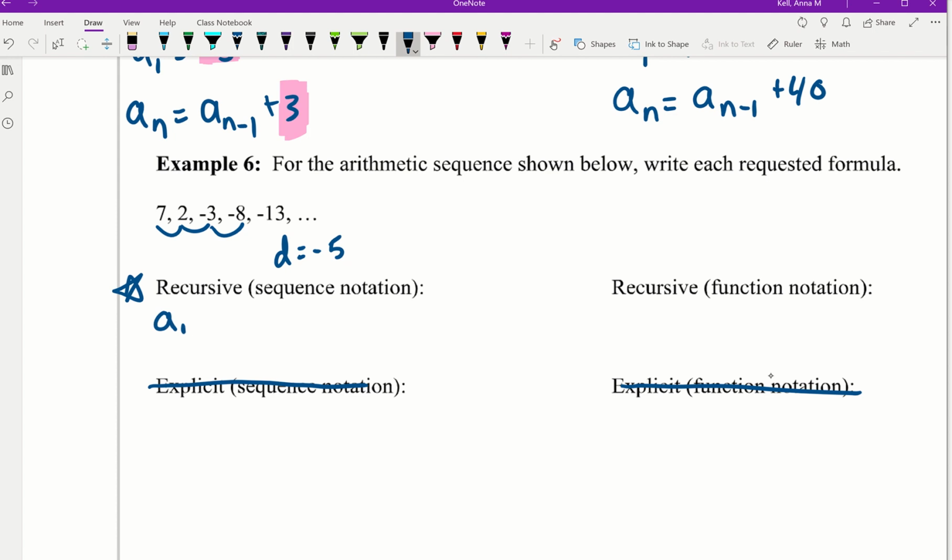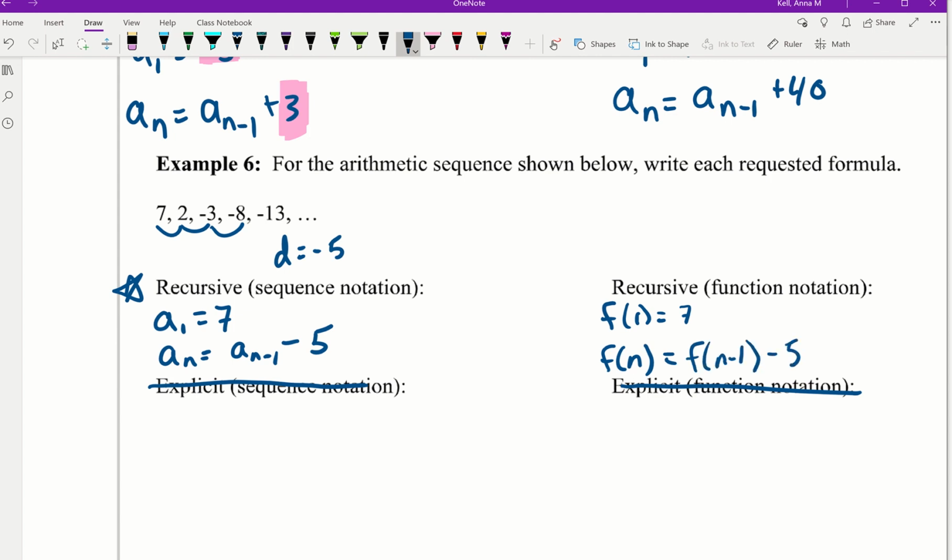I'm also looking at this and I'm seeing that my A1 is 7. So in recursive notation, I'm going to write out this formula, and that works. Okay, in function notation, I'm going to say my f of 1 is 7, and now my f of n is equal to f of n minus 1 minus 5.